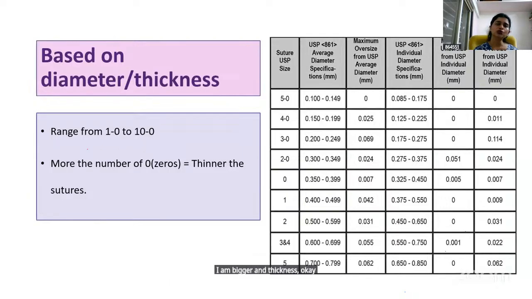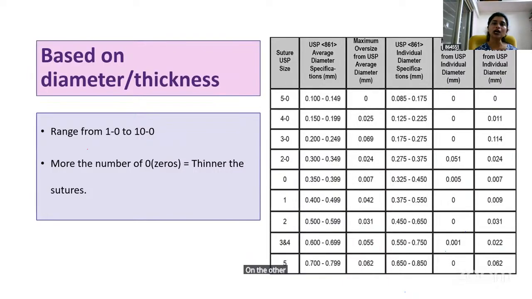Okay. So now ranging from 10 to 10, we have different diameter sutures available. More the number of zeros, the thinner will be the suture. So now in our maxillofacial casualties, we used to make use of 30 and 40 sutures more often.